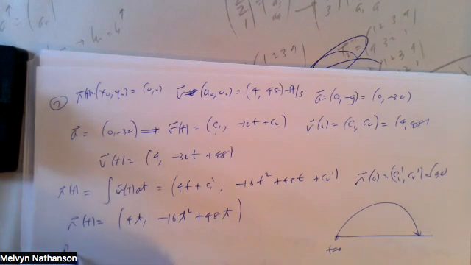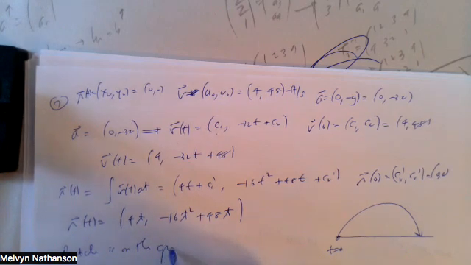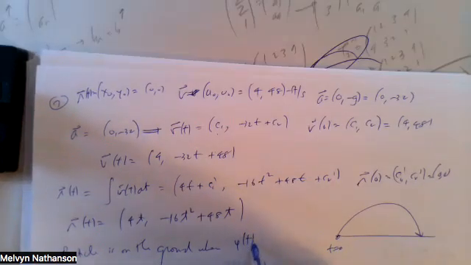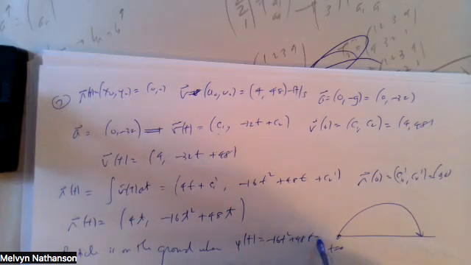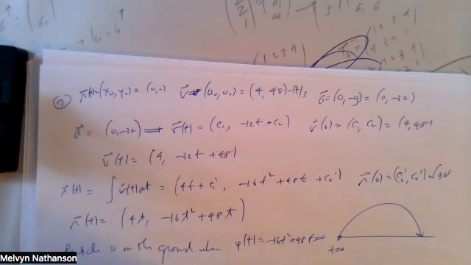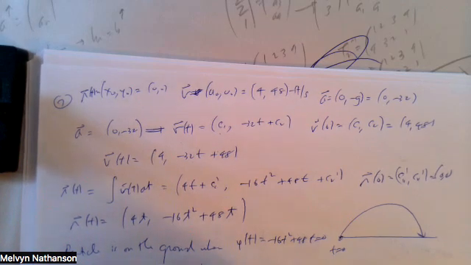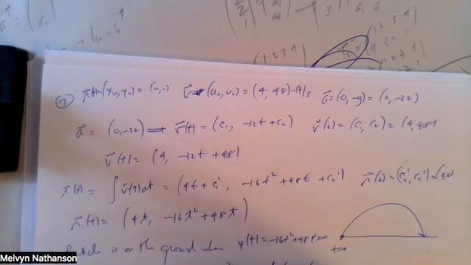The particle is at ground level when its height, y of t, which is minus 16t squared plus 48t, is 0. Minus 16t squared plus 48t is equal to minus 16t times (t minus 3). And this equals 0 at t equals 0 and t equals 3.